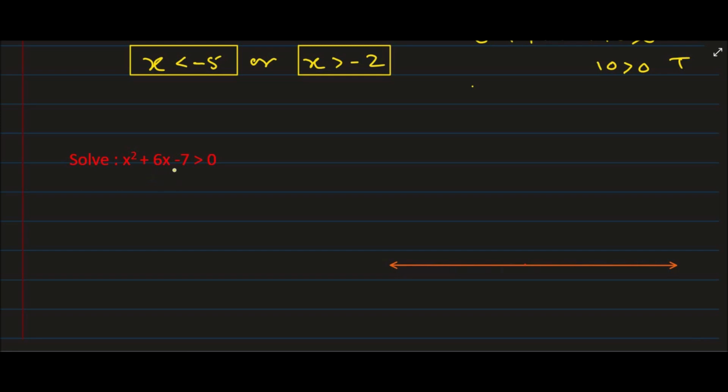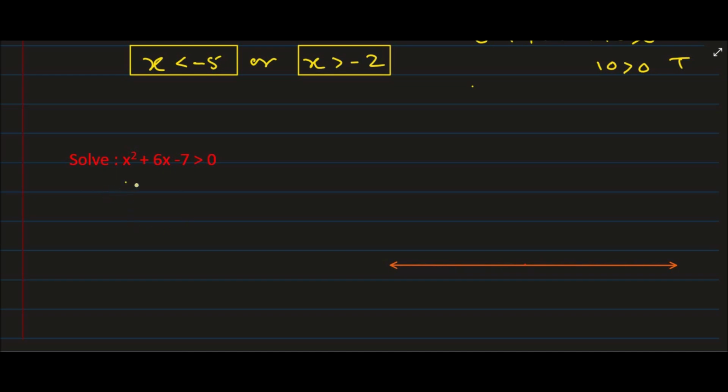Now this is x square plus 6x minus 7 greater than 0. Again, the first step is to find the critical values. We can use any method, whether completing the square, quadratic formula, or factorization. I am going to do it by factorization.